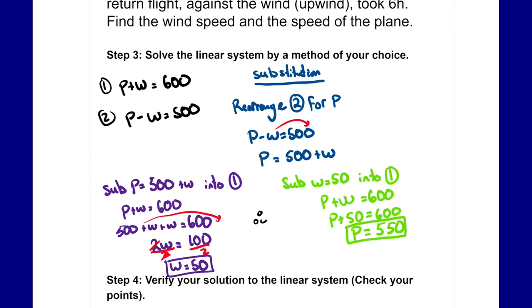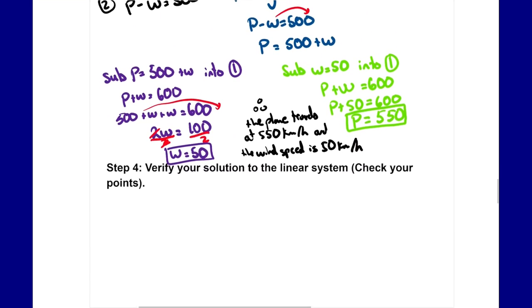So therefore, the plane travels at 550 kilometers per hour, and the wind speed is 50 kilometers per hour. So here we found our two answers, the plane speed and the wind speed.